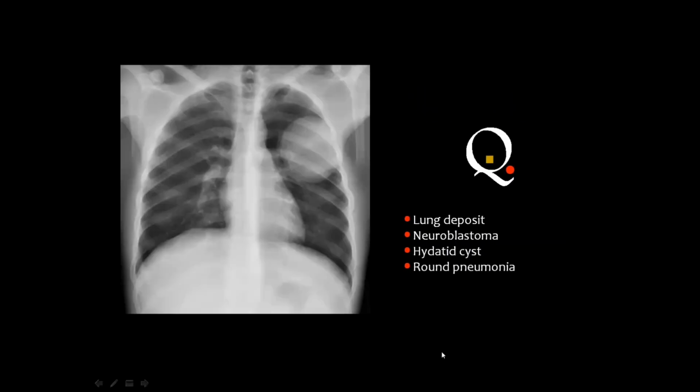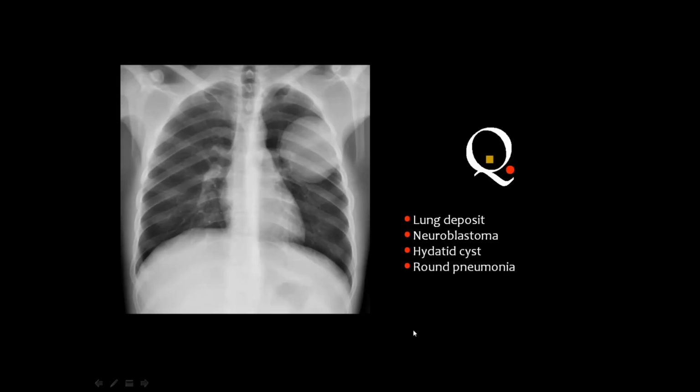Then this is a child with this lesion in the left upper lobe: lung metastasis, neuroblastoma, hydatid cyst, round pneumonia. Okay, I said you should not diagnose round pneumonia unless you have a positive history of pneumonic symptoms like fever, cough, and expectoration.